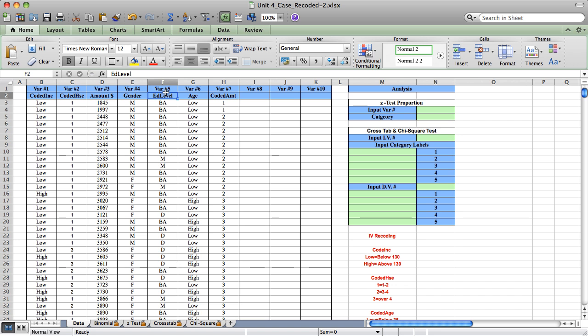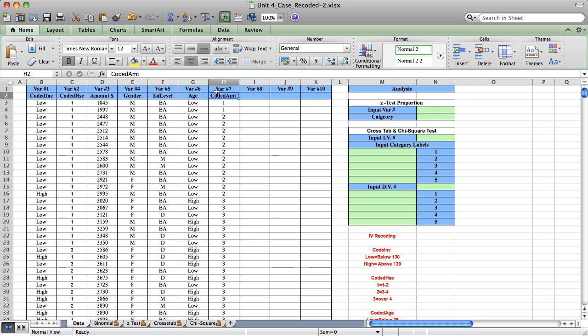Our dependent variable is the amount charged. However, here we can't use the quantitative data, variable 3. Instead, our dependent variable for chi-square testing will be variable 7, a recoded version of the amount charged.